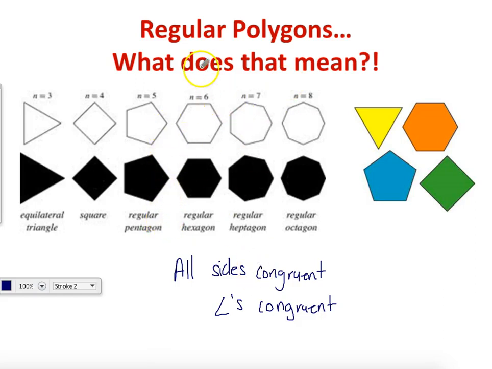And in order for it to be a regular polygon, all sides must be congruent and all angles must be congruent. So a square is an example of a regular polygon because all sides are congruent, and we have all right angles, which means all of our angles are congruent. So that's what it means to be a regular polygon, and that's what we're going to focus on in session 2.